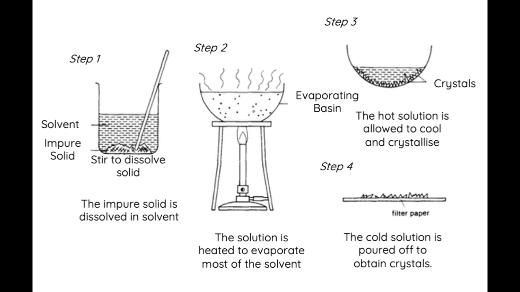All right, so if you allow it to cool slowly, then crystals of the solid will form. Now the crystallized solid is higher in purity than the initial solid, while the impurities remain in the solvent.